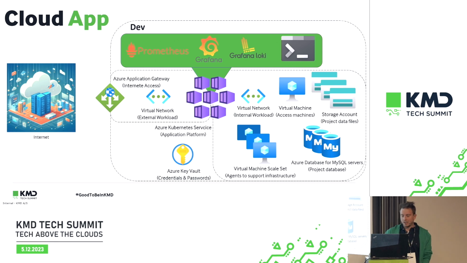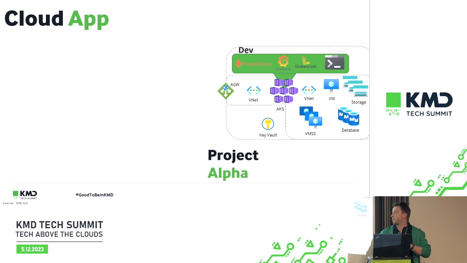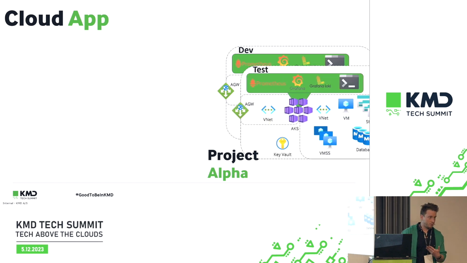Okay, so let's simplify, because it's too much. I can simplify with text. So we have something like AKS, VNet, VM, storage. So that's our project, let's say alpha. We have the project alpha, we have our dev environment, we perform some testing, and after some time we have an additional environment for testing purposes because we would like to distinguish traffic from the development and the application that will go into production sometimes.